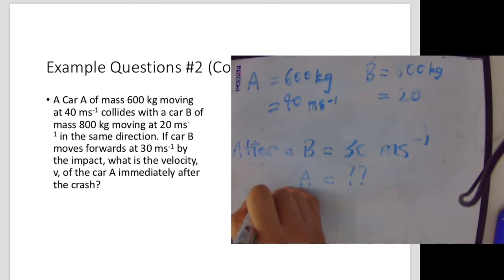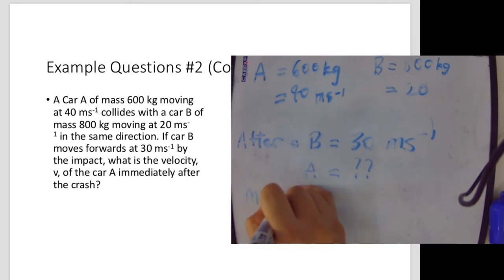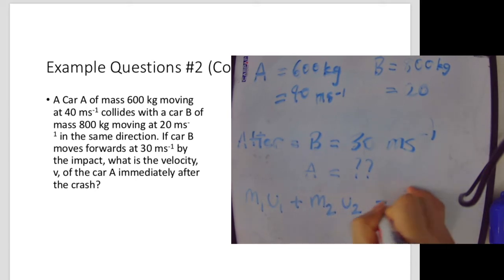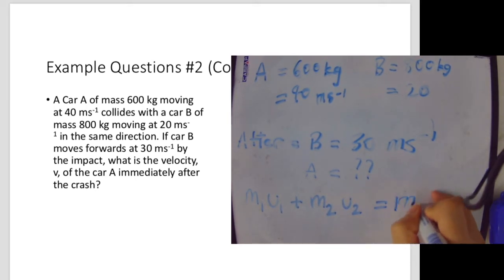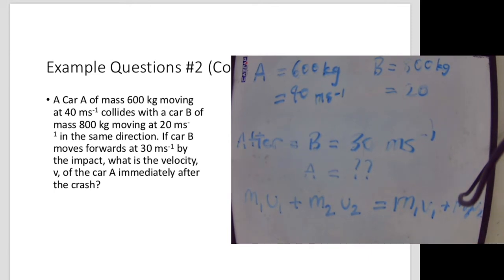So mass A times U1, the initial velocity, plus, let me write it down a little bit clearer, equals the momentum after the collision.